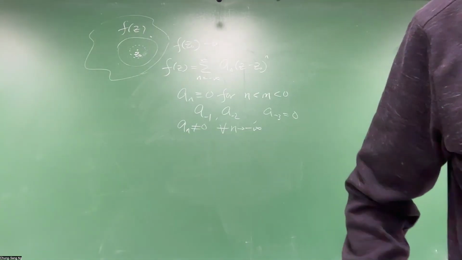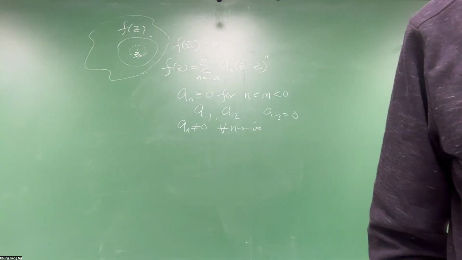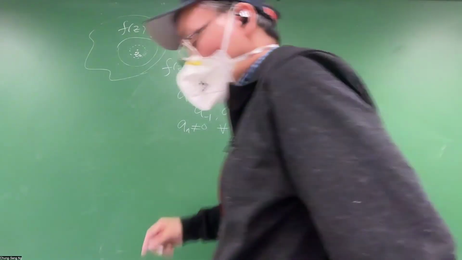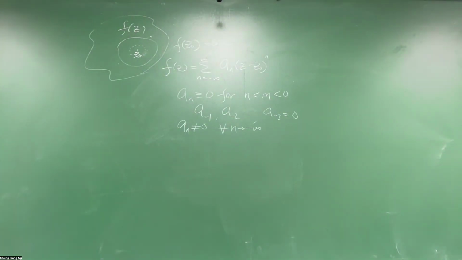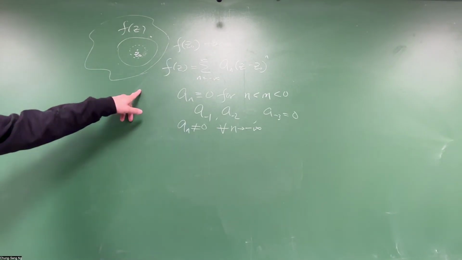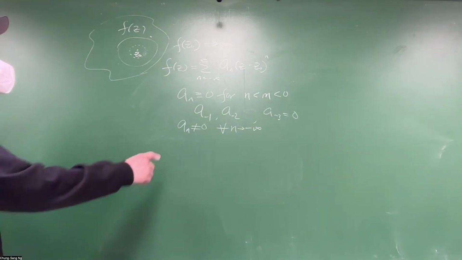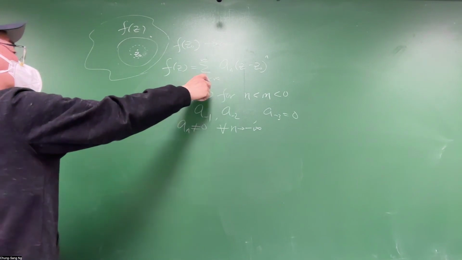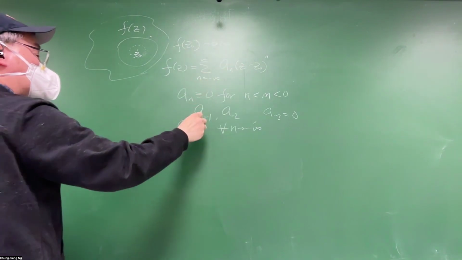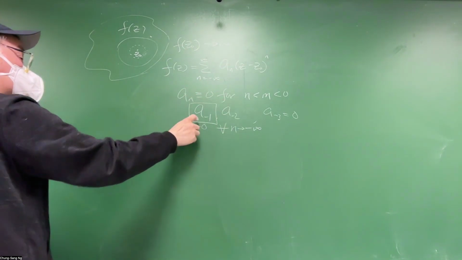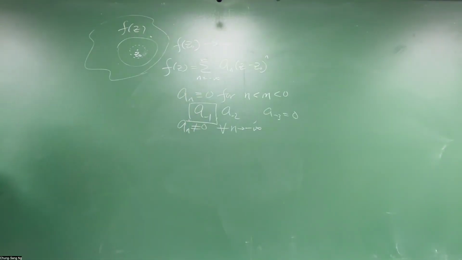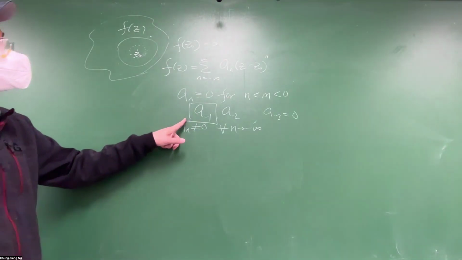And to calculate the residue for an essential singularity, we need to find the Laurent series and find the a -1 coefficient, which is what we later call the residue.